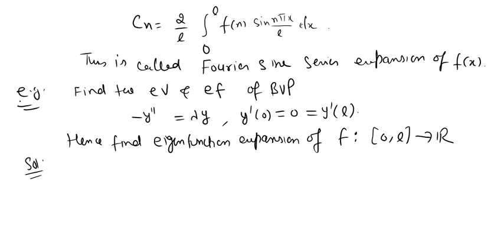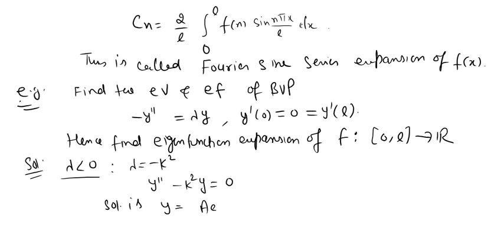So as we did in the previous example, you need to consider three cases: lambda negative, and write lambda equal to minus k square, and solve the problem y double prime minus k square y equal to 0, and the solution is y equal to a e power kx plus b e power minus kx, and also find its derivative as the conditions are on the derivative. Okay, so use y dash 0 equal to 0.